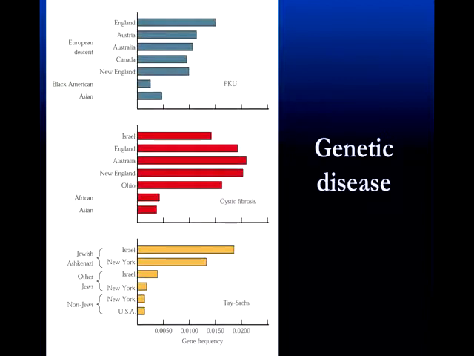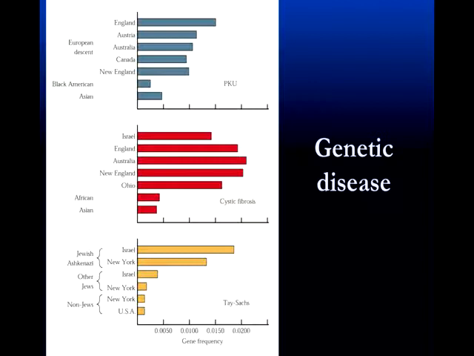So what we find is that genetic disorders or diseases exist among certain individuals. We saw hemophilia, we talked about the royal families of Europe, but they exist at different frequencies. So some populations have higher incidences of certain genetic diseases, okay? And the reasons for this are actually fairly complex.